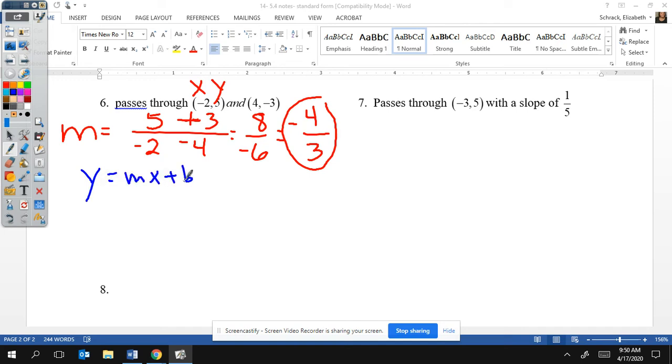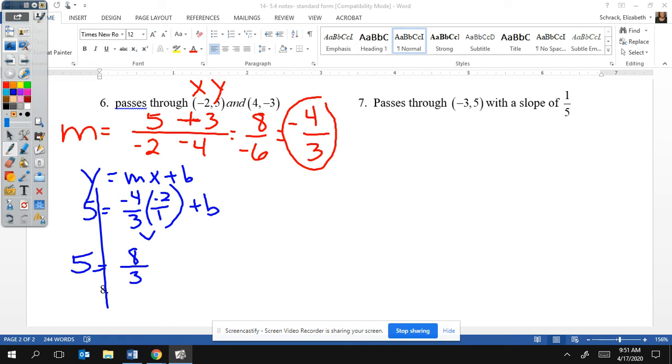We're going to have 5 equals negative 4/3 times negative 2 over 1 plus b. With this multiplying of fractions, there's no reducing. So negative 2 times negative 4 is positive 8. 3 times 1 is 3. So 5 equals 8/3 plus b.